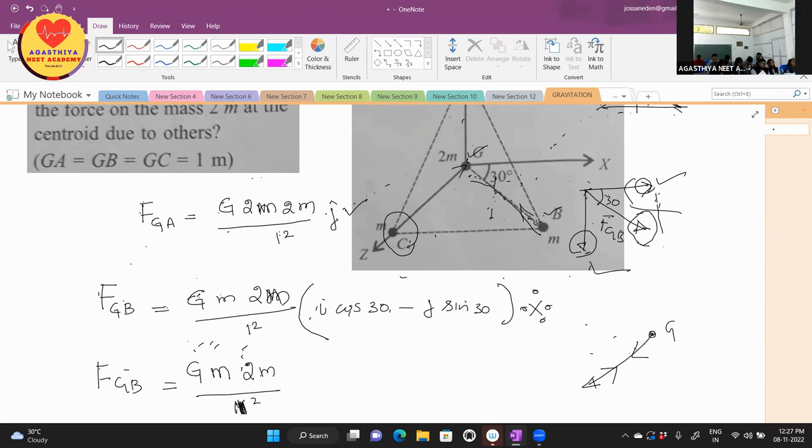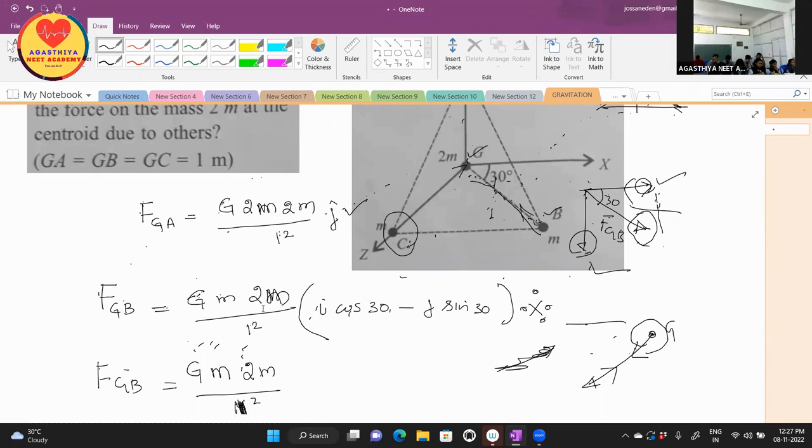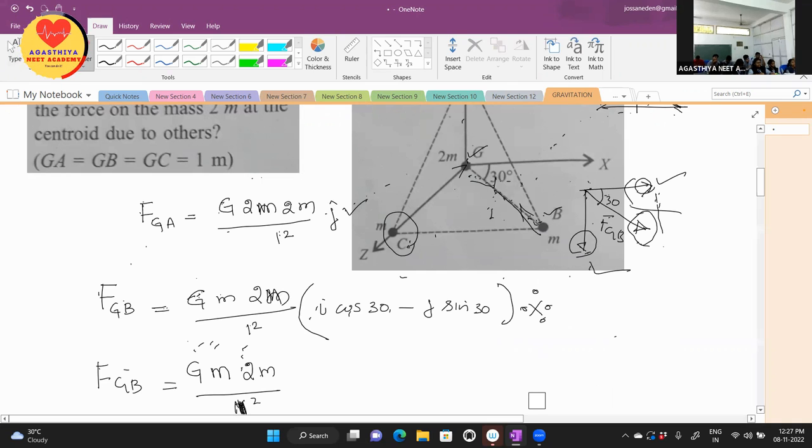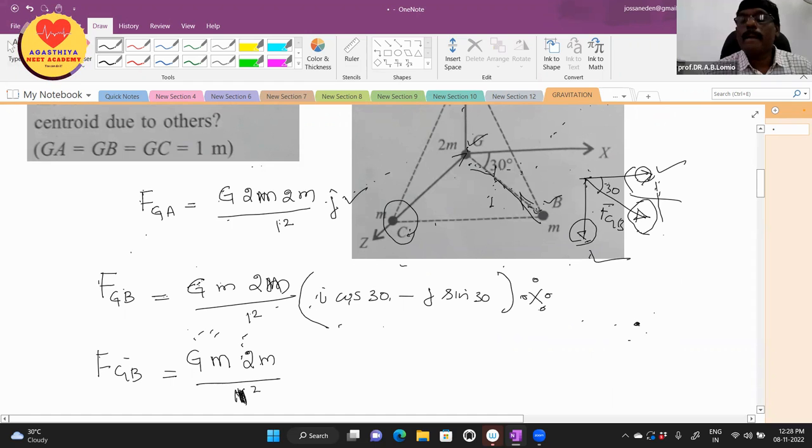When you take the reference here, this is the point G. Force is acting in this direction, GB.